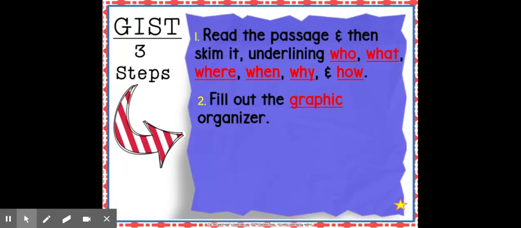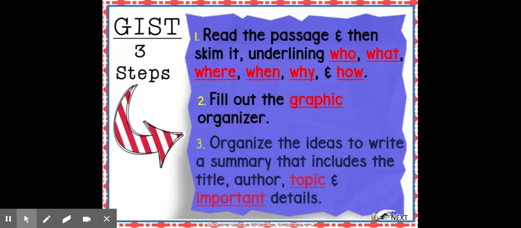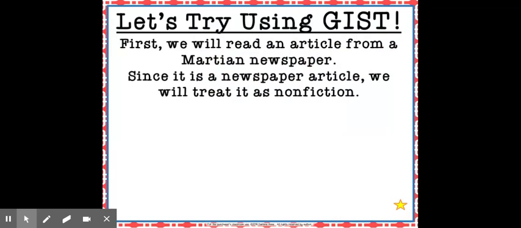It also saves you from making your summary too bloated, and then you're basically just retelling the article. It also allows you to organize your ideas to make it into a cohesive paragraph that includes the title, the author, the topic, and the important details. That way you don't leave anything out.